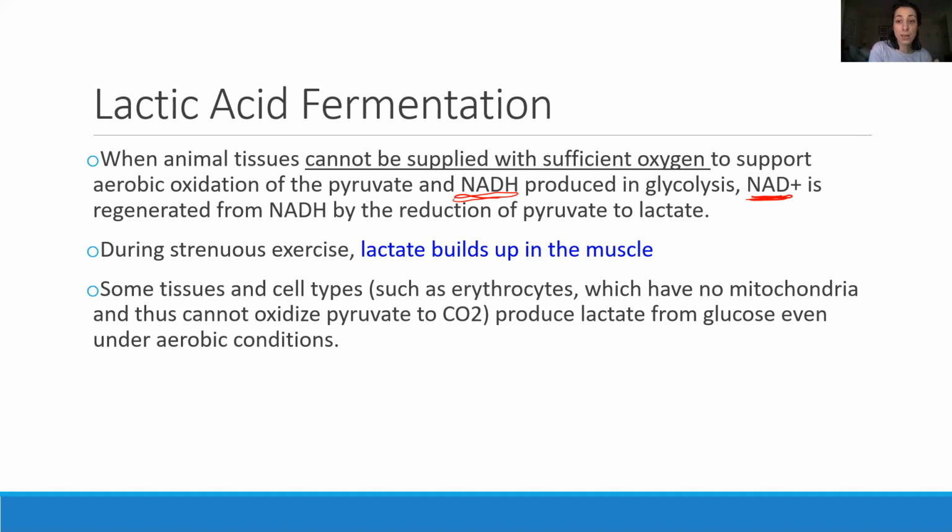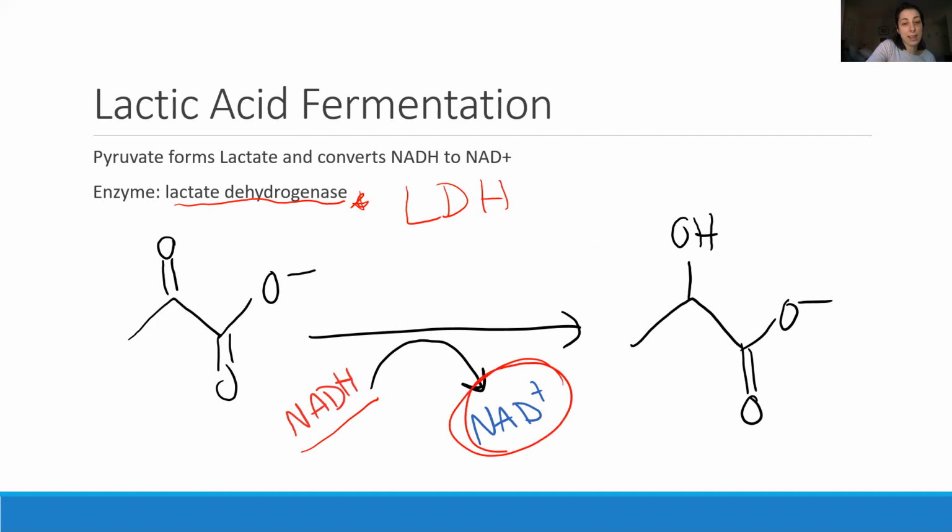So the whole point of lactic acid fermentation in animals is just so that we can regenerate this NAD+, so it can cycle back into glycolysis so that we can continue breaking down glucose and making ATP through glycolysis.